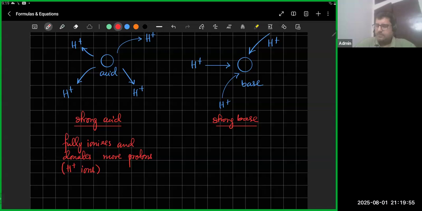So that's what a strong acid is. What's a strong base?